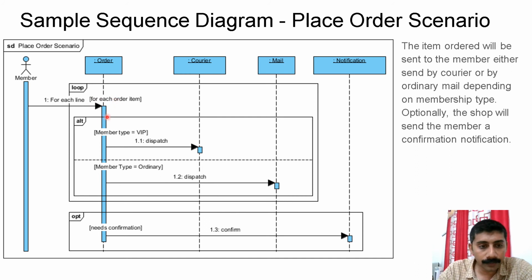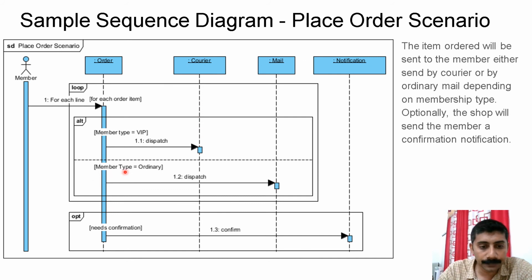For each order item, this alt fragment is getting executed. Here the alt guard condition is membership type. If membership type is VIP, this first operand part will get executed. That means if membership type is VIP, then it will be dispatched using courier.